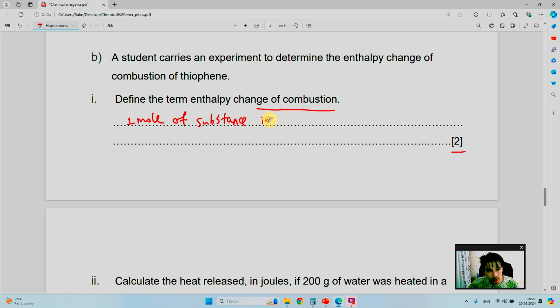A second bullet point is for mentioning that it was burnt in excess of oxygen, or it was burnt completely. So, 2 bullet points.